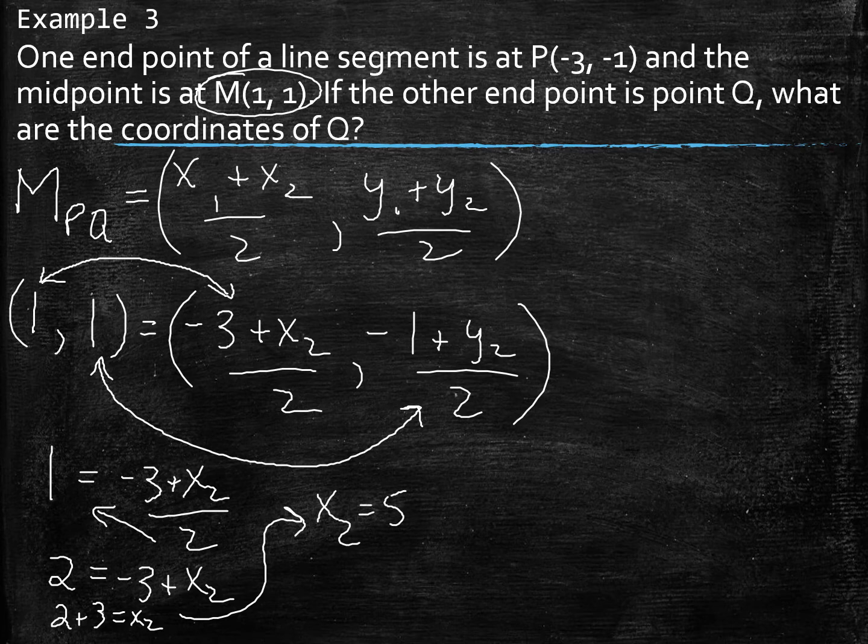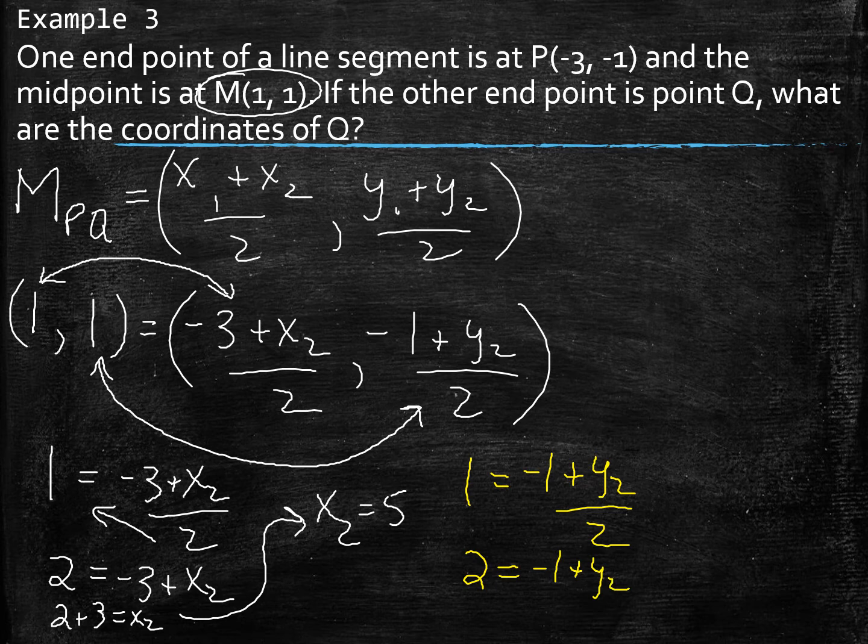We're going to do the exact same thing with the y-coordinate. We know that it's 1, and we know that it has to be equal to -1 plus y2 over 2. Cross multiply, 2 equals -1 plus y2. Bring that -1 over, becomes +1.